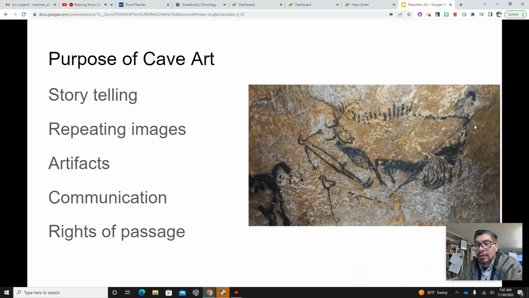There are also repeating images, so we can tell that these are not fantastic images that were just kind of coming out of someone's imagination. These were actually studied and they were tried and tried again. They were repeated images. There are other artifacts that are found with these drawings, right?